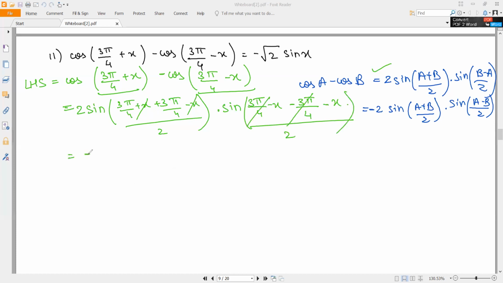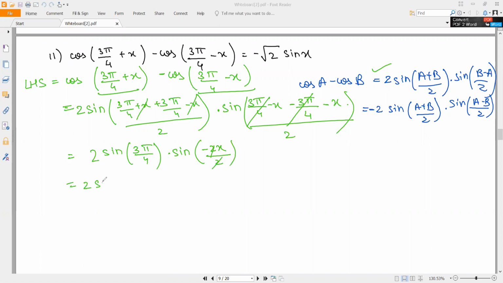Okay, so we have minus sine. 3 pi by 4 plus 3 pi by 4 is 2 times 3 pi by 4. That 2 will get cancelled with the denominator and you will be left with 3 pi by 4. Minus sign common because of this. Into sine of (minus x minus 2x) upon 2. 2 gets cancelled.